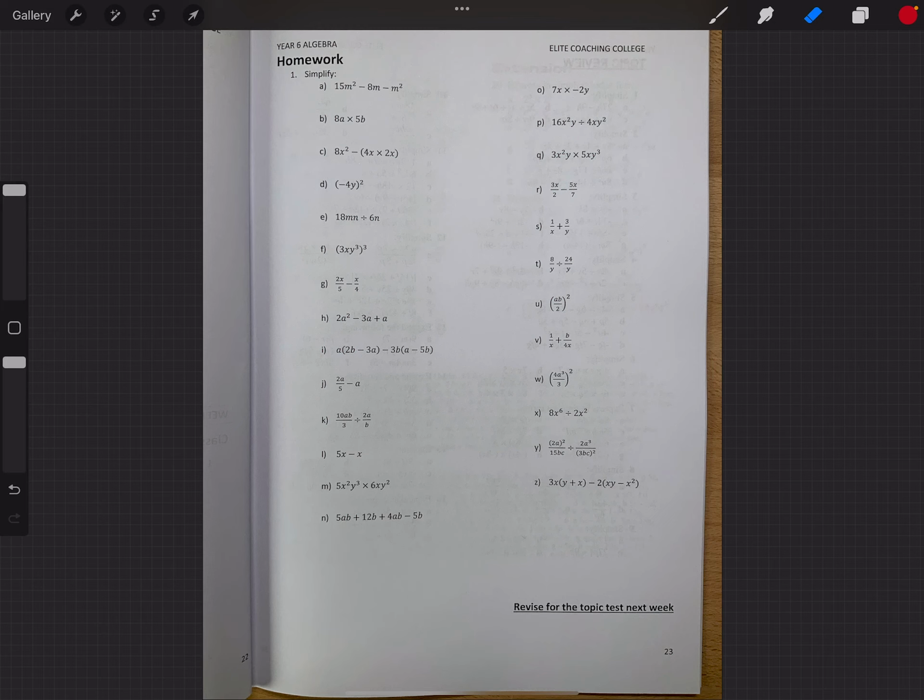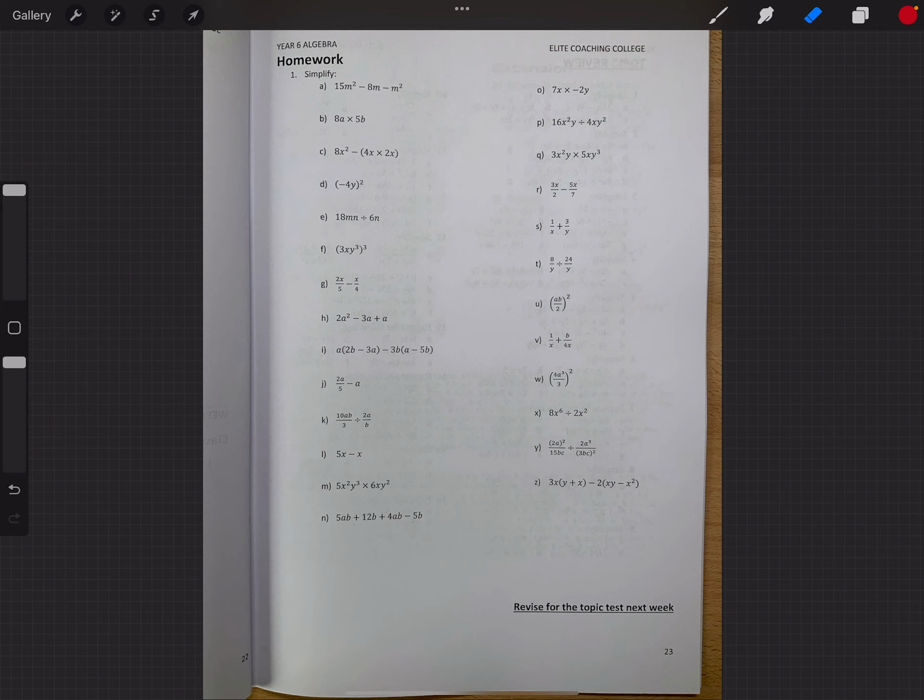Alright, question J. Now this one is a whole number, which means it's over 1. So what we're going to get is 2a over 5 take away a over 1.